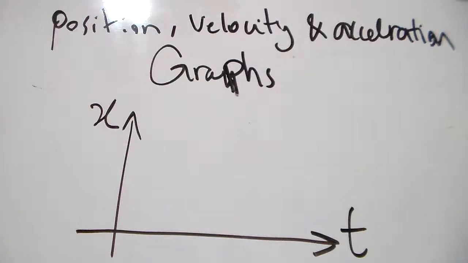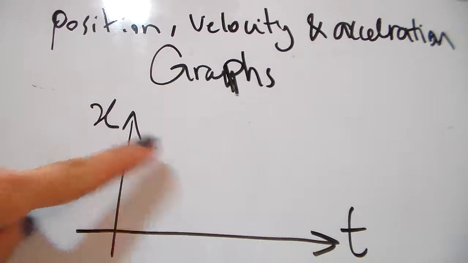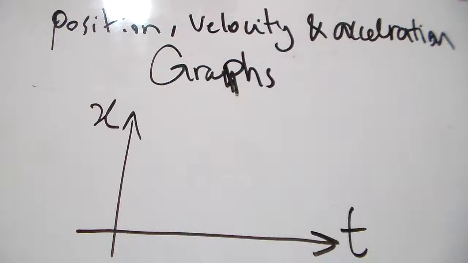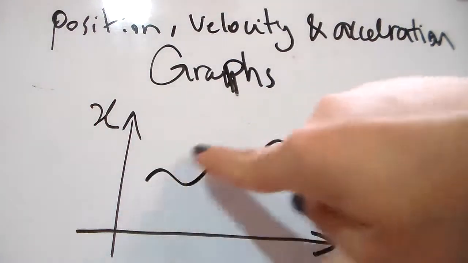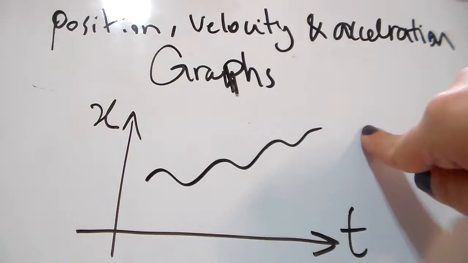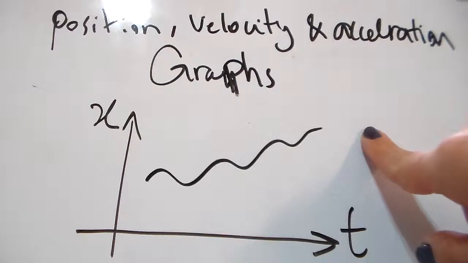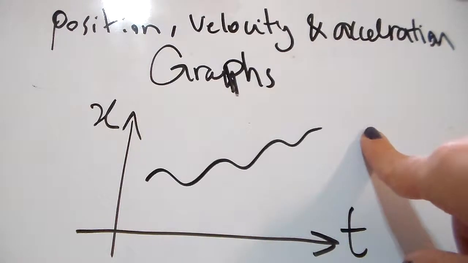I want all of you to make sure to understand that this x versus time graph, if it looks like this curly, wavy curve, has nothing to do with how a particle moves on the ground.